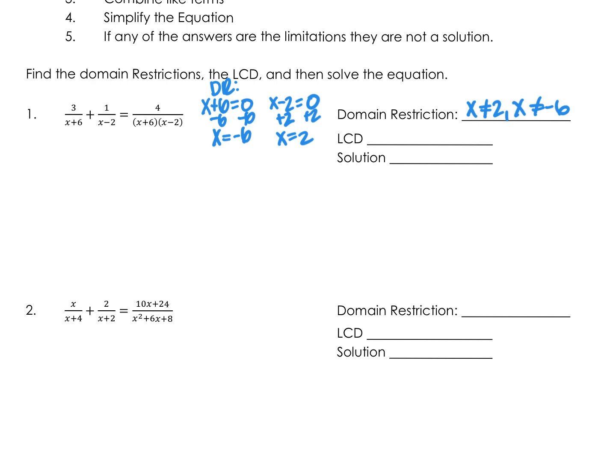The rest of this is going to be exactly review as to what we did on Friday. So we're going to solve these problems using the LCD. So first, write down what you think the LCD is here.